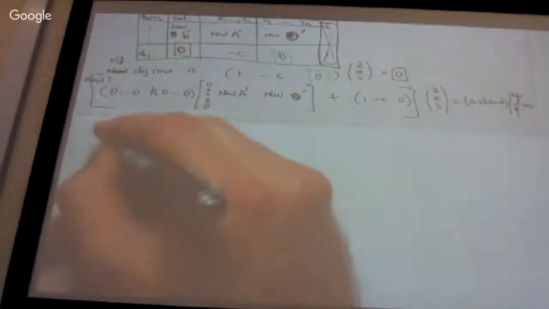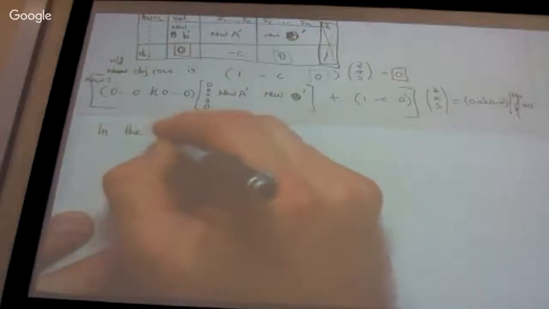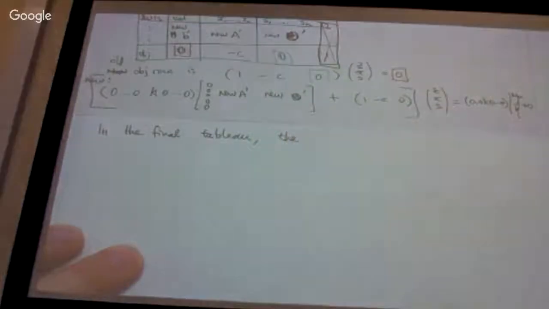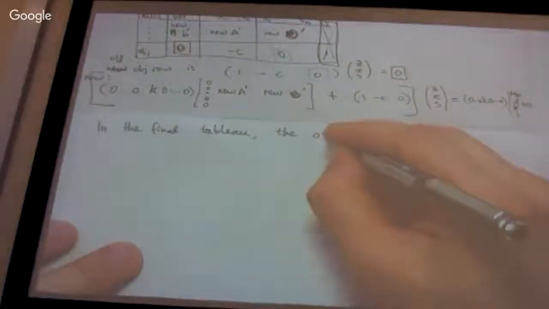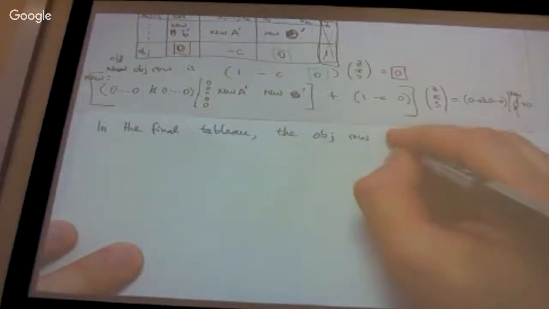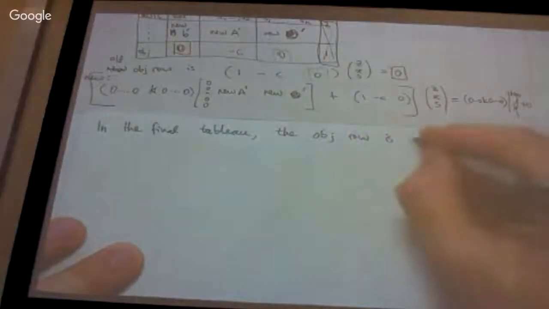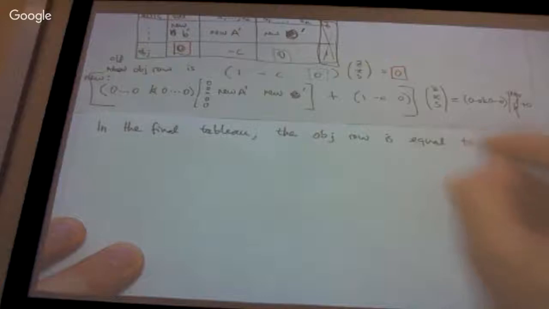In the final tableau, the objective row is equal to the objective row of the first tableau.